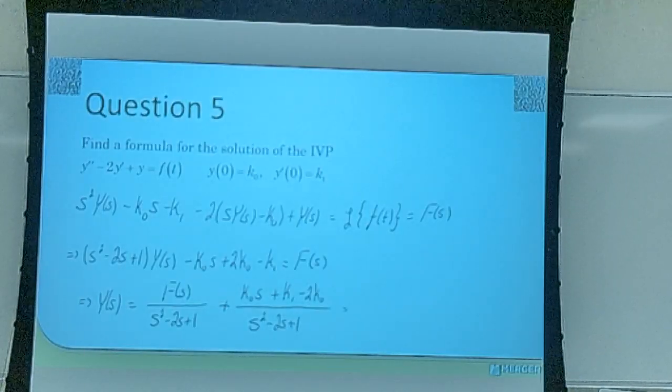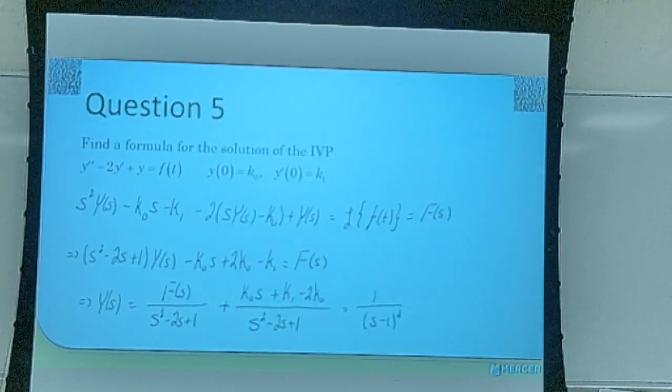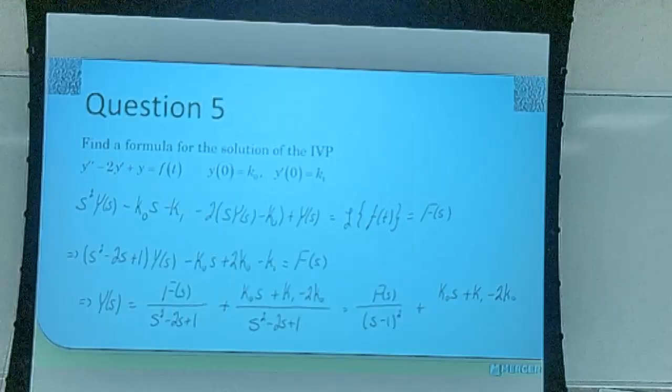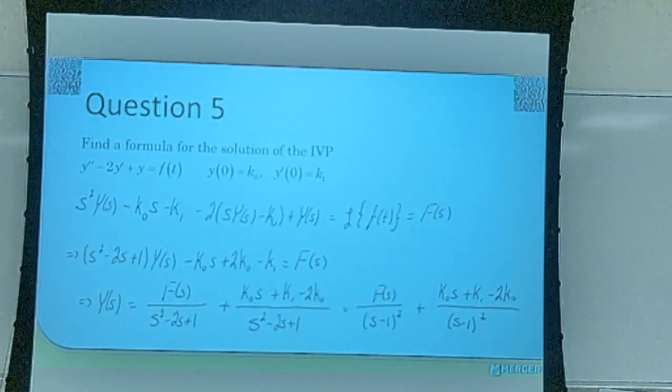But isn't S squared minus 2S plus 1 S minus 1 squared? We need to do partial fraction decomposition on that second one. Bummer.